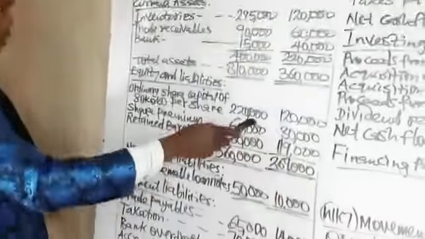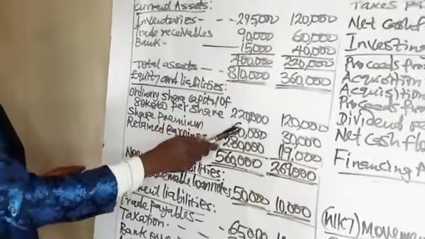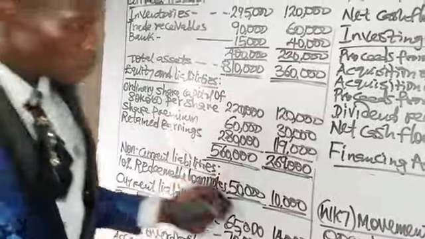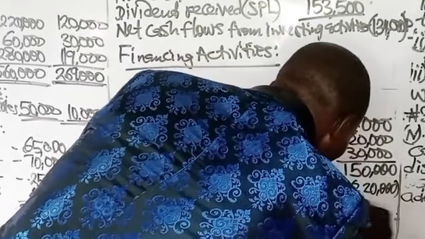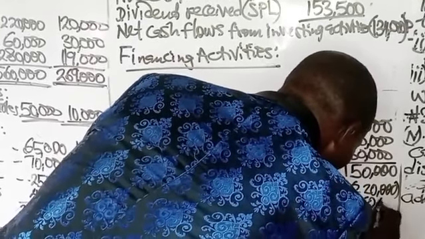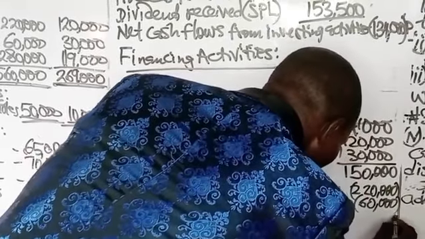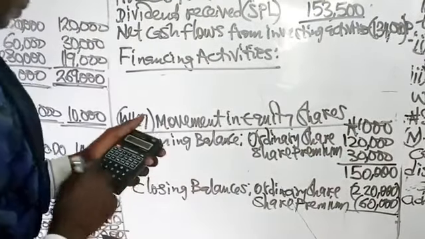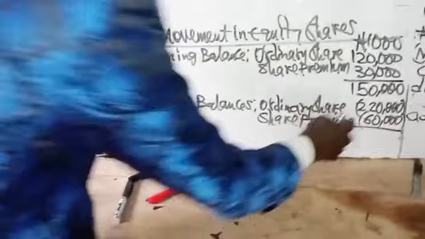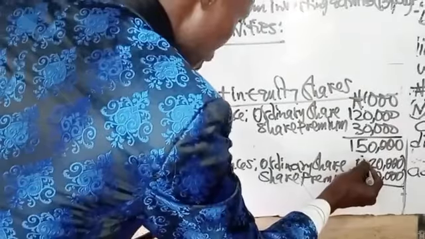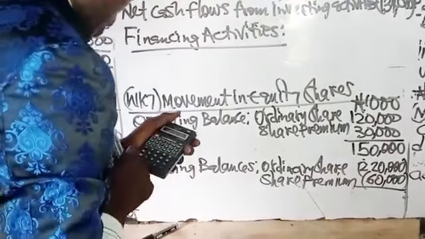We have ordinary share of 220,000, share premium of 60,000. So 220,000 and 60,000. So if you subtract that 150,000, the addition of this is 280,000. 280,000 minus 150,000.